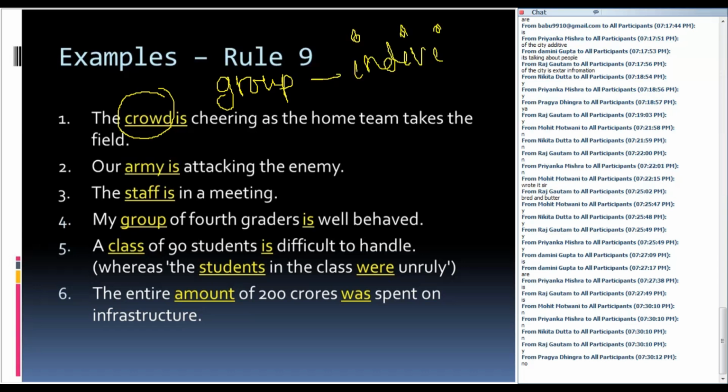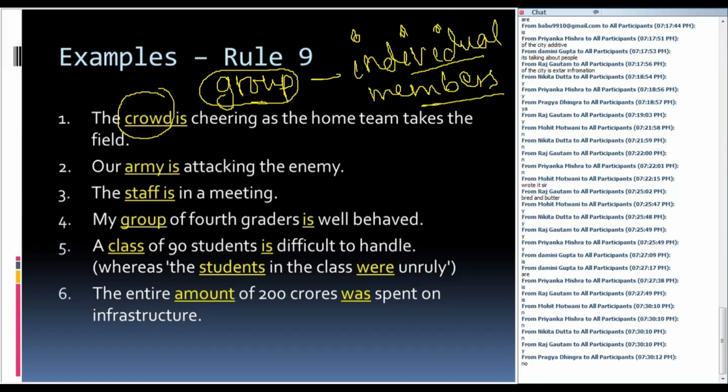There are many times when we use a collective noun and we don't want to talk about this group as a whole, as one entity. We want to talk about individual members of this group. So when you want to emphasize individual members, then collective nouns become plural.